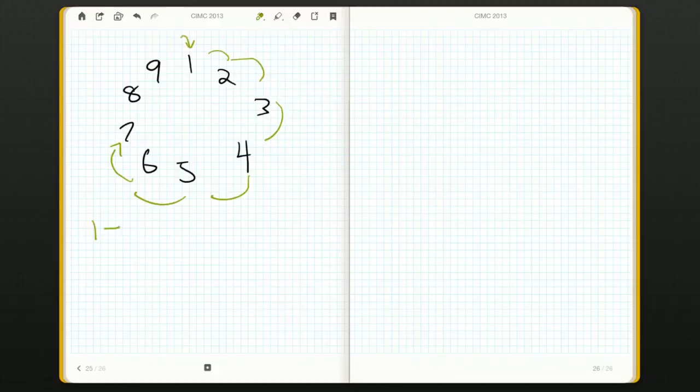So we go 1, 7. Then we go 1, 2, 3, 4, 5, 6. So a ball goes into cup number 4. Then we go 1, 2, 3, 4, 5, 6, and a ball goes back into cup 1.